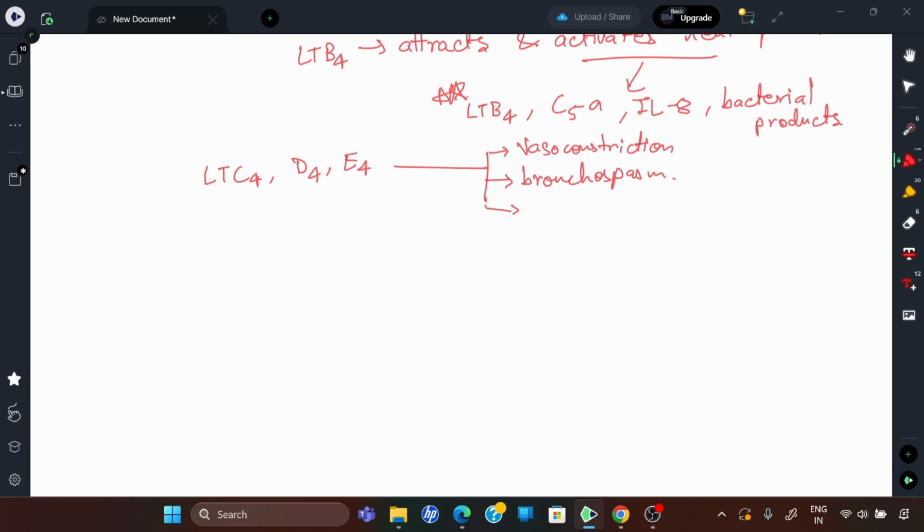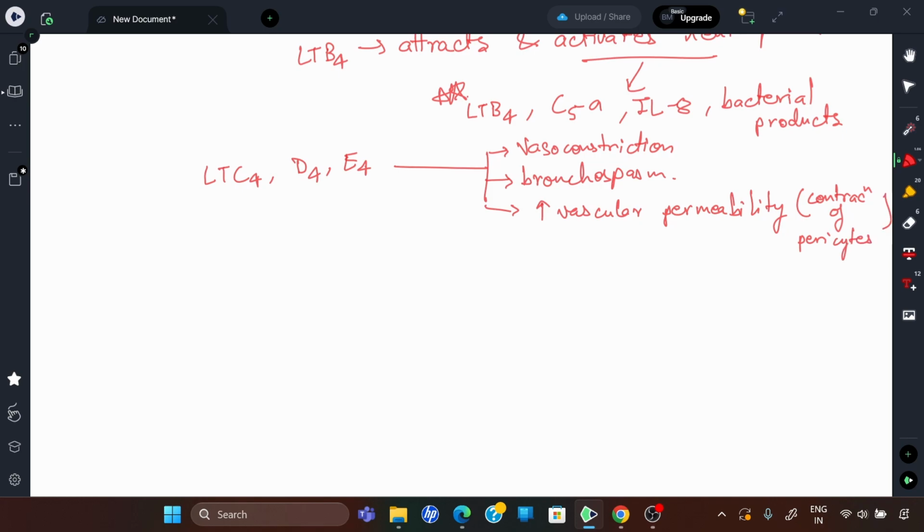And another important function is to increase the vascular permeability, right? So these are the functions of leukotriene C4, D4 and E4, right? Now this increase in vascular permeability basically happens by contraction of pericytes.